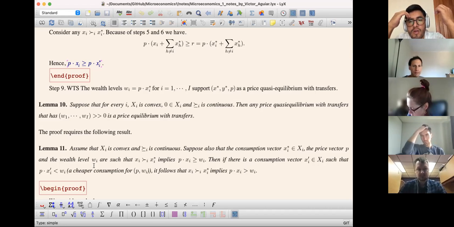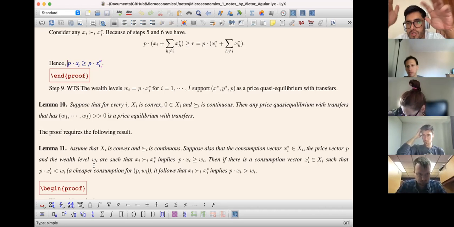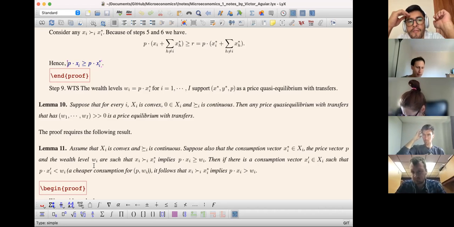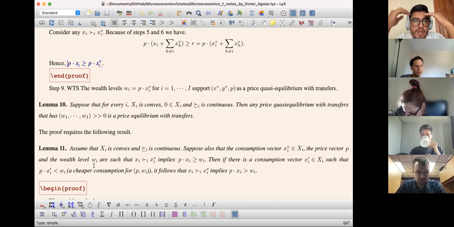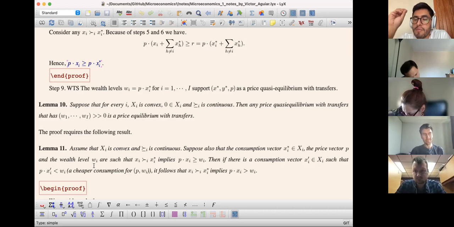Then any price quasi-equilibrium with transfers that has positive income profile, so the gold coins that you receive are strictly positive, is a price equilibrium with transfers. In other words, right now we proved just that you can implement a Pareto allocation by means of a price quasi-equilibrium with transfers.